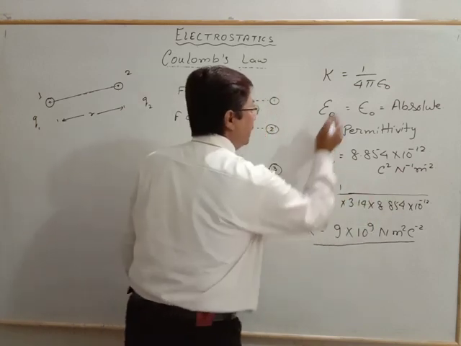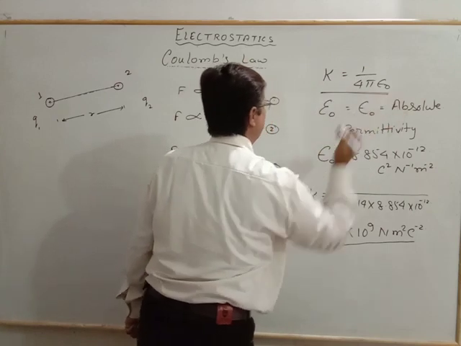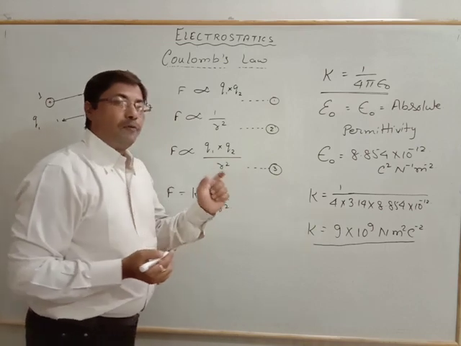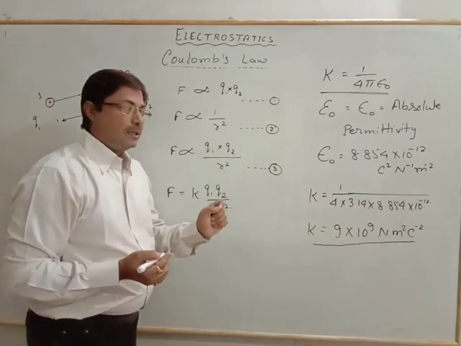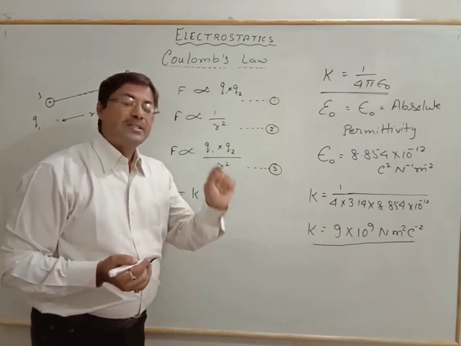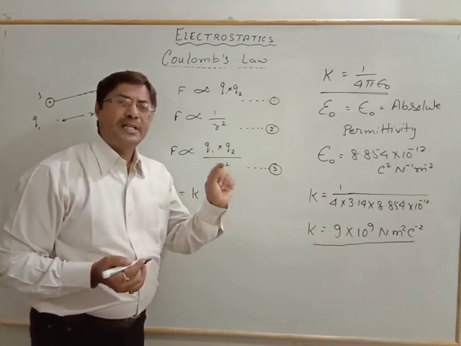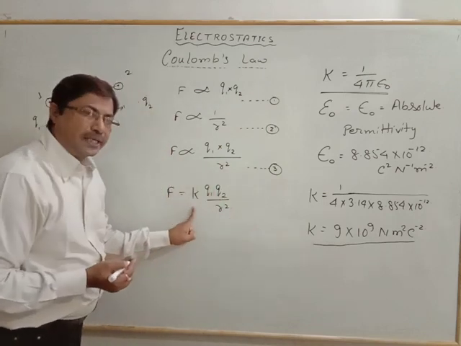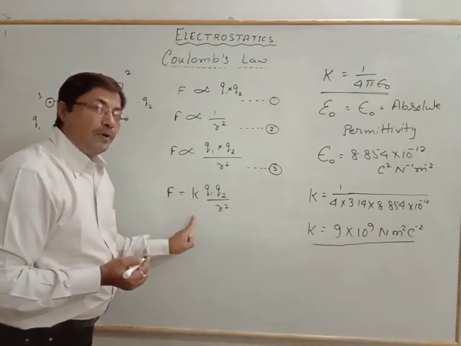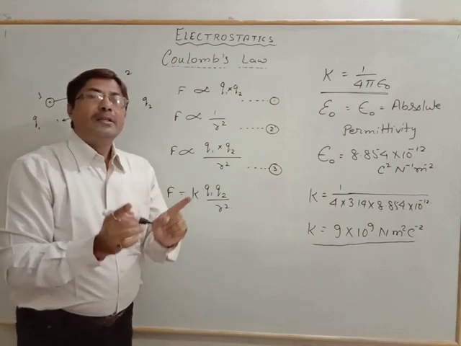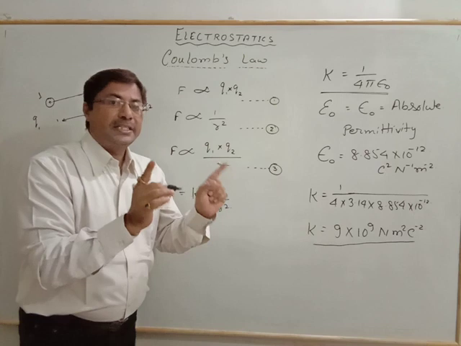And this relation represents that there is a medium which affects the force between the two charges, whereas in the case of the gravitational force, the value of G is always constant, that is the universal gravitational constant. But here, whatever constant we have taken, that value will depend upon the medium, or we can say at what medium the charge is placed.